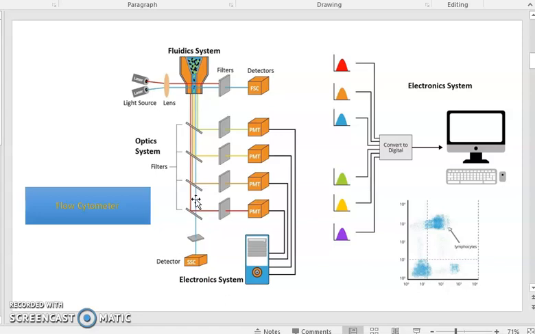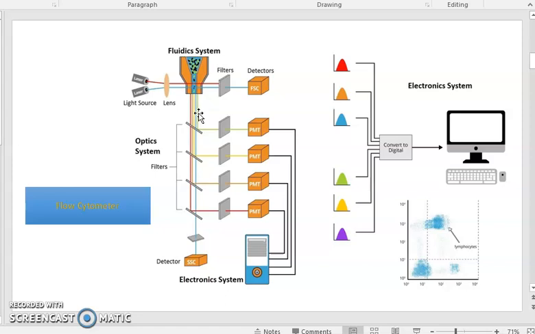The purpose of the fluidic system is to transport particles in a fluid stream to the laser beam. To accomplish this, the sample is injected in the stream of a sheath fluid, usually a buffered saline solution, within the flow chamber. The design of the flow chamber allows the sample core to be focused in the center of the sheath fluid, where the laser beam then interacts with the particle.